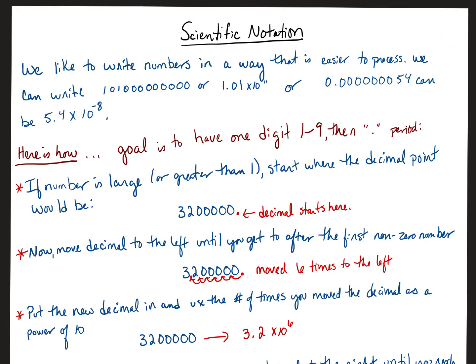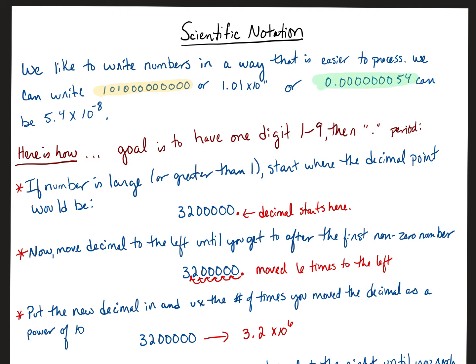Okay. So next we want to talk about how to write things in scientific notation. This is a very important skill. And you all probably realize that writing a number this huge, you just get lost in all the zeros. Same way, writing a number this small, you get lost in all the zeros.